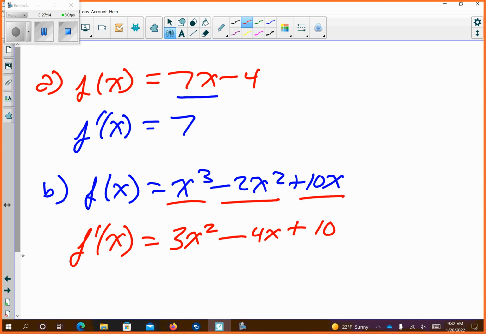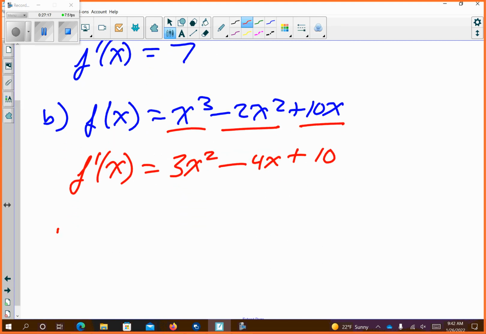And then letter C has a little bit of a curveball in it. We just have to take our understanding of what exponents do. If you have a variable in the denominator, we can move it to the numerator by changing the exponent from a positive to a negative.